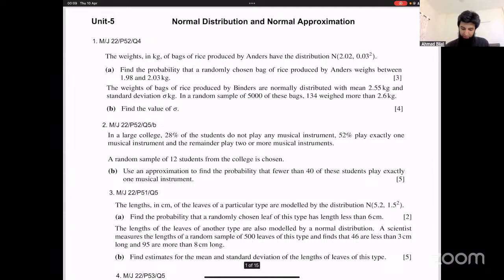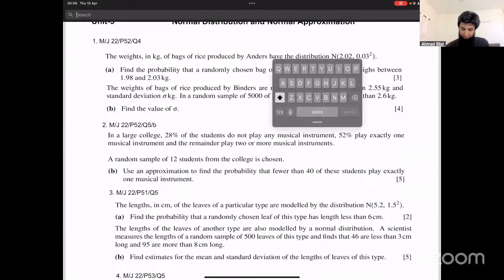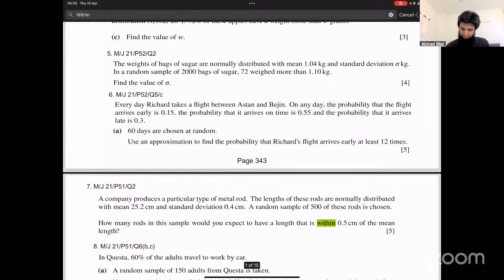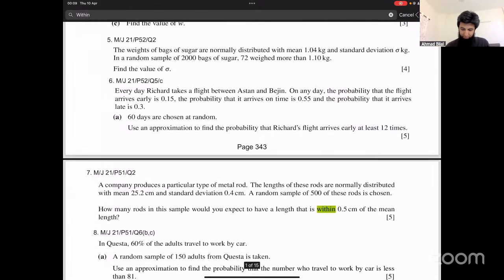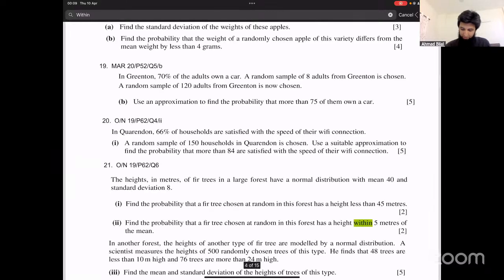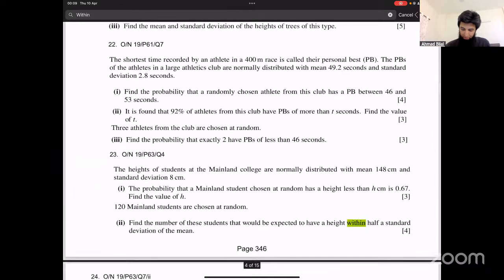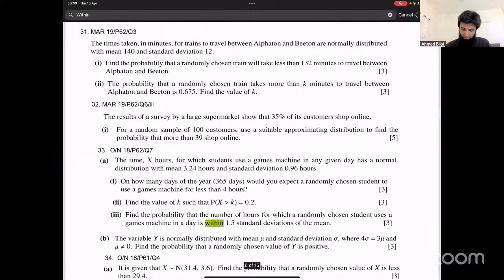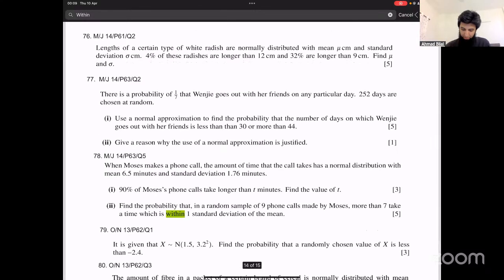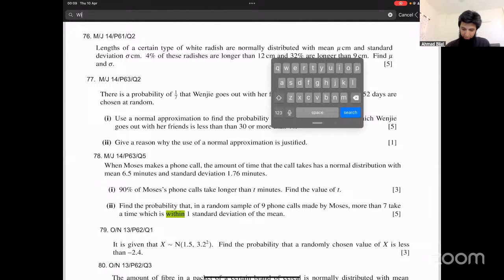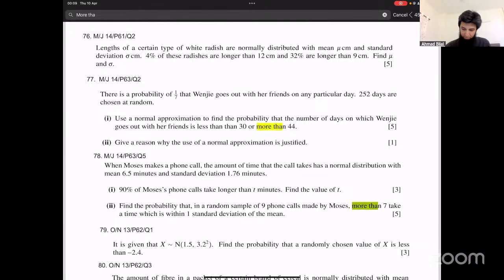Let's see if search works on this. Yeah, let's find that. That's too many.